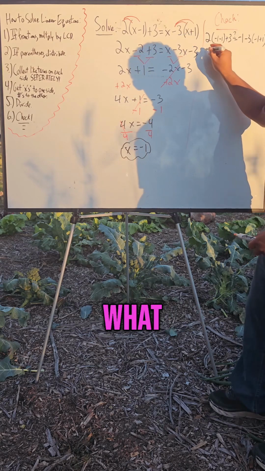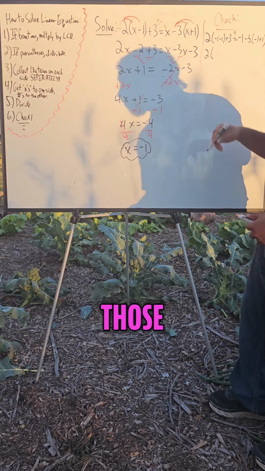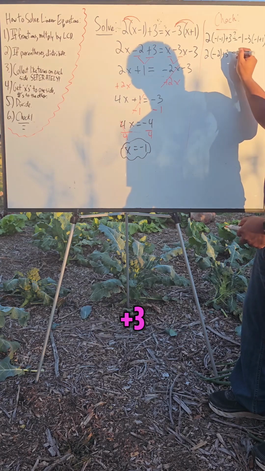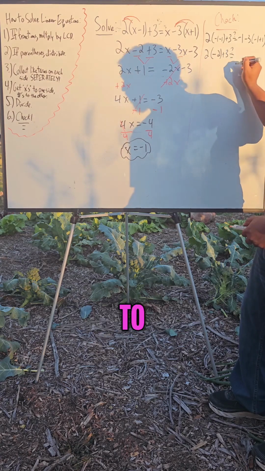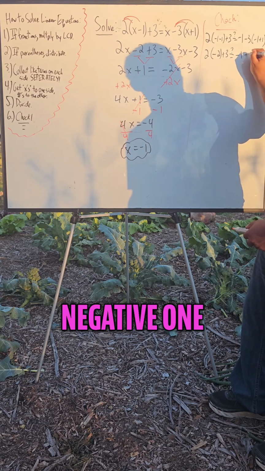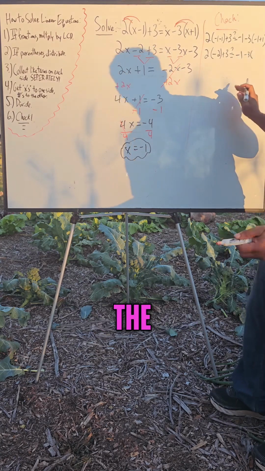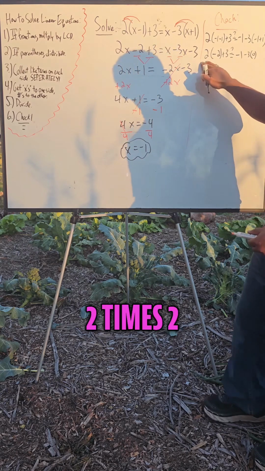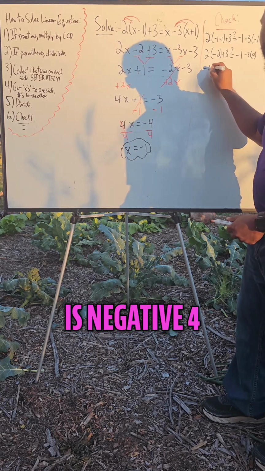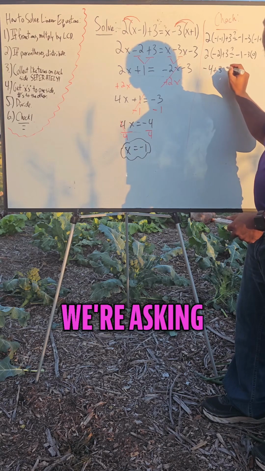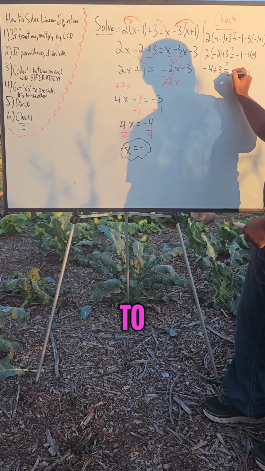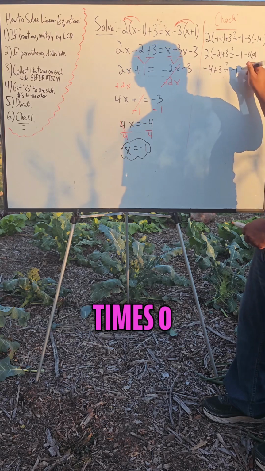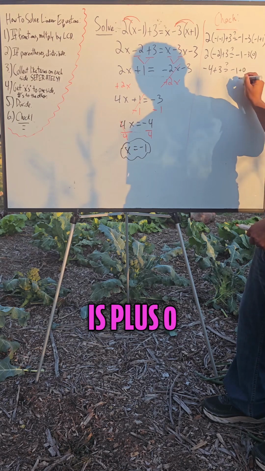Okay, so that'll give us what? 2 times, if I simplify inside those parentheses, negative 2, plus 3. Is that equal to negative 1 minus 3 times, again simplifying the parentheses, we get 0. All right, 2 times negative 2 is negative 4 plus 3. We're asking, is that equal to negative 1 minus 3 times 0, or negative 3 times 0 is plus 0.